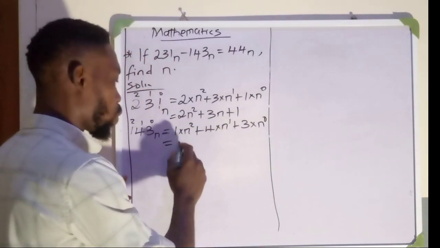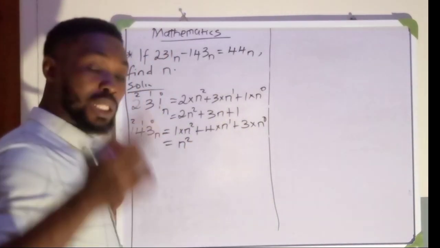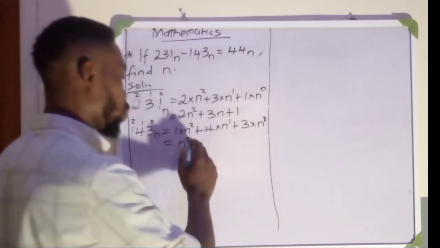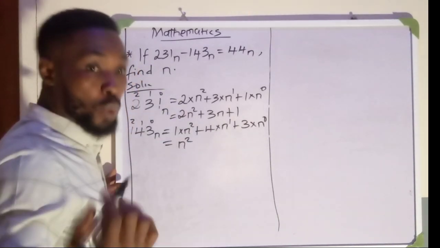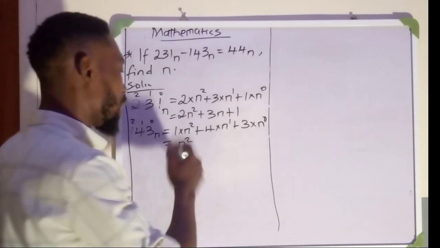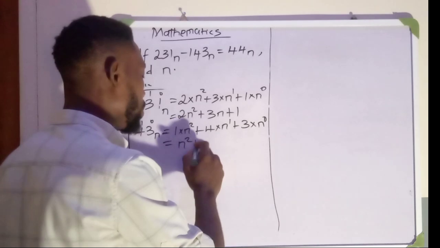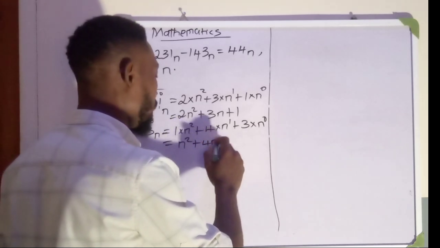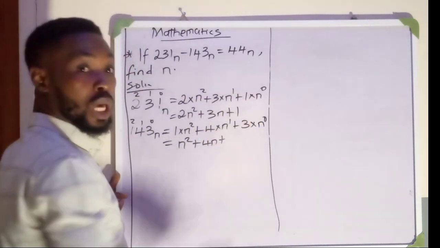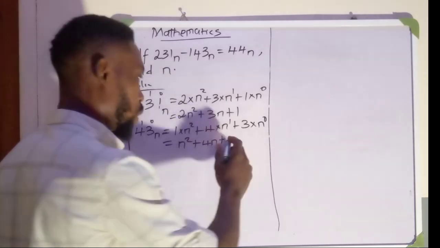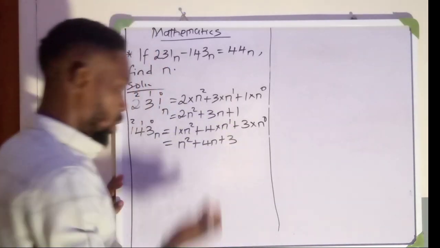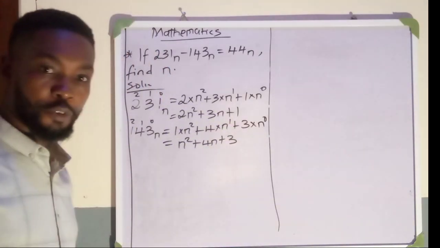Also, this is equal to n squared, because 1 times n squared is n squared, but we don't write 1n squared. So we say n squared plus 4n plus, again, n raised to the power 0 is 1, 1 times 3, we have 3. So this is what we got from 143.